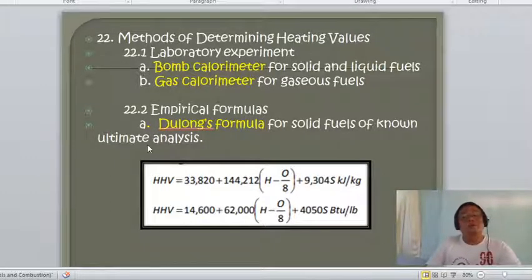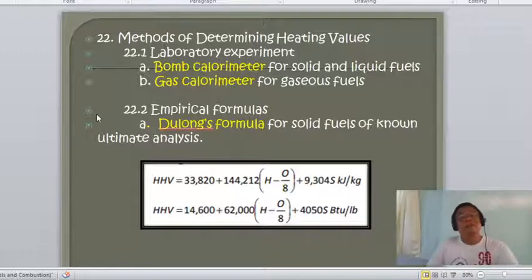Of course, the oxygen is subtracted because it is not combustible. Plus 9,304 S, or sulfur. Take note that the unit of this formula is in kilojoules per kilogram.